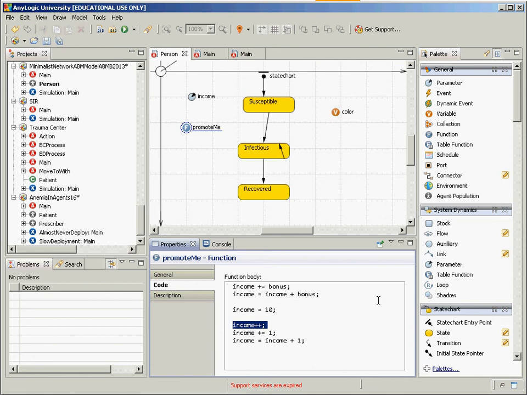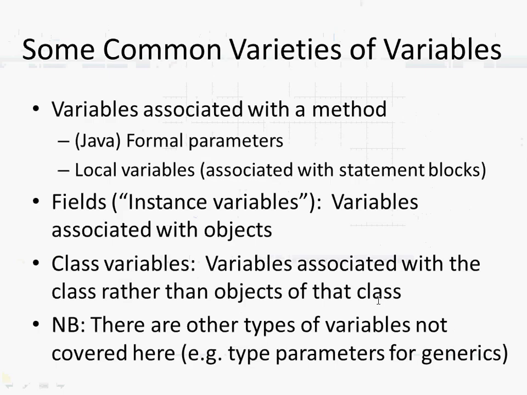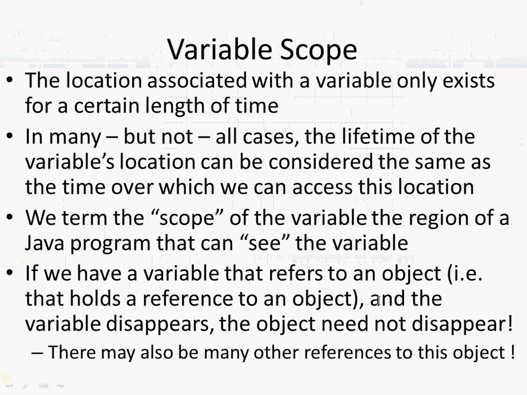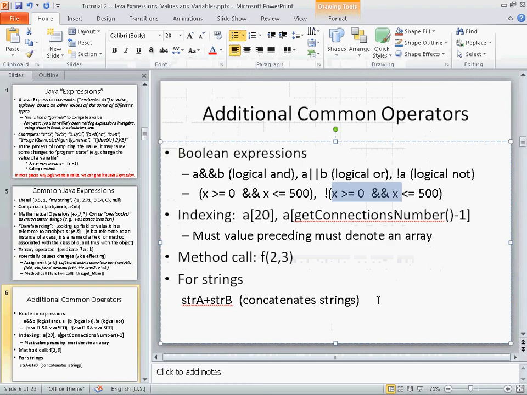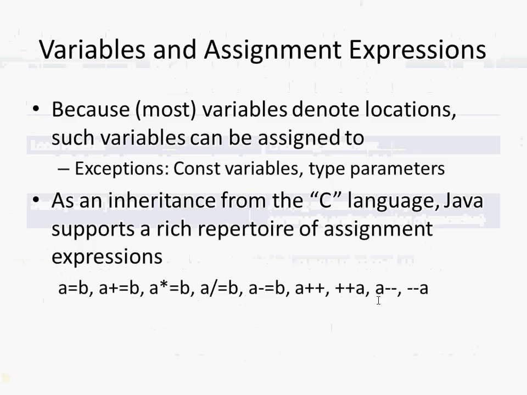So those are things you'll see in some code with variables. Variables can exist at different levels, but I don't think I'm going to go into this. Okay, I was talking about these things. You'll find a whole bunch of these: plus equals, times equals, divided by equals, minus equals. These are all sort of what you'd expect.